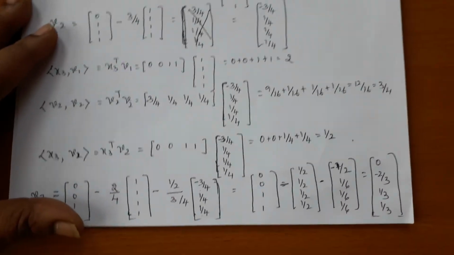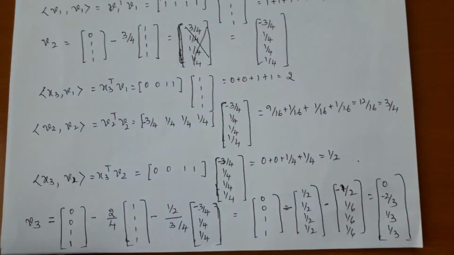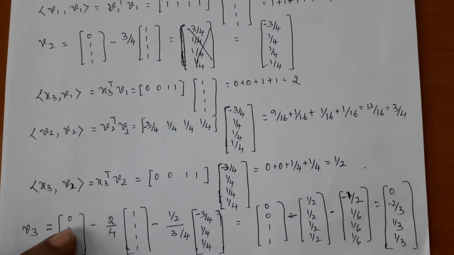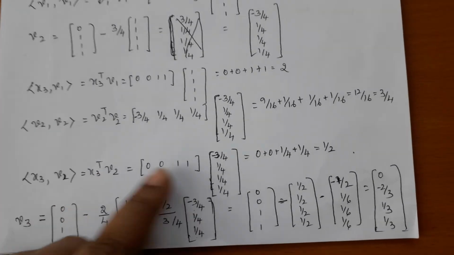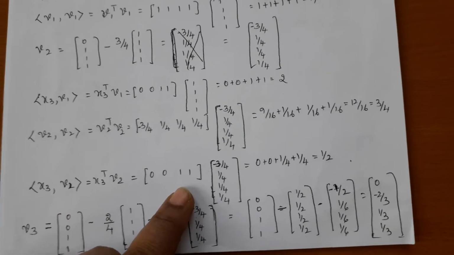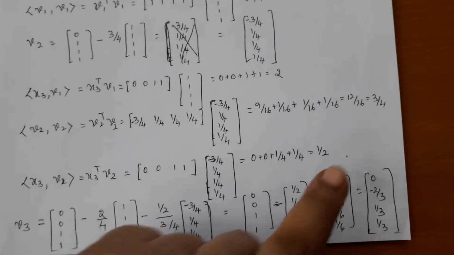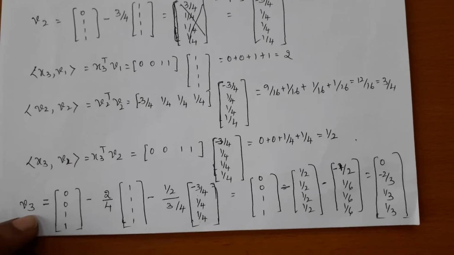Once we get 3 by 4, the next is the inner product of X3 and V2, which is X3 transpose V2. Again I take the X3 row into the column, then simplify that, we get 1 by 2. Therefore, now I have to substitute these values in V3.